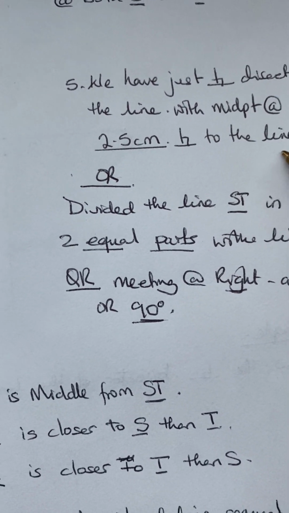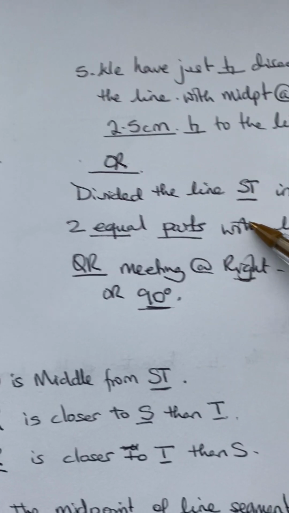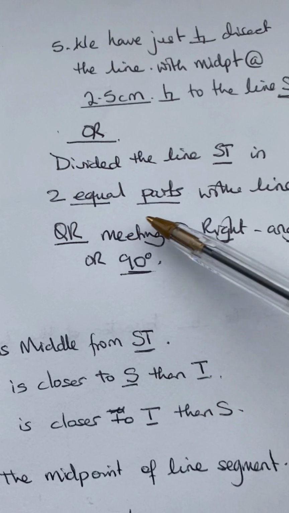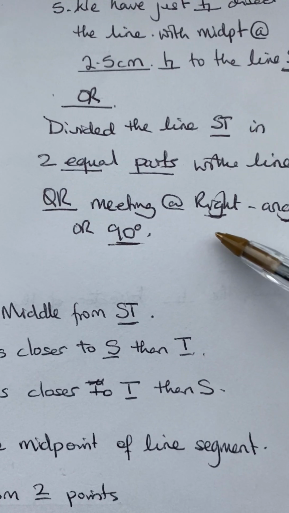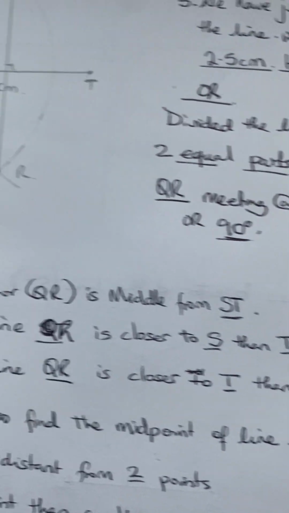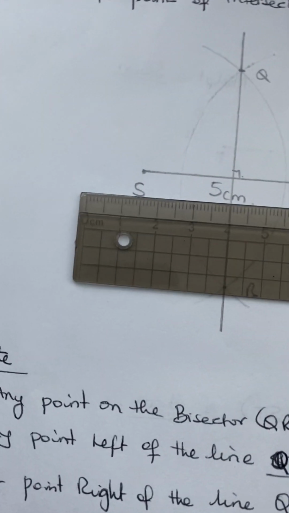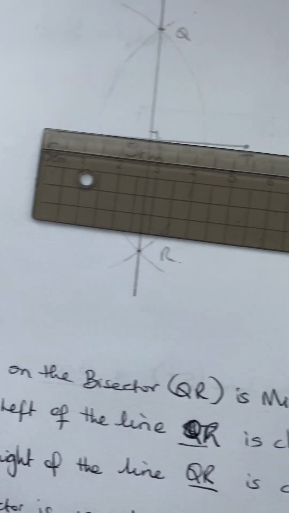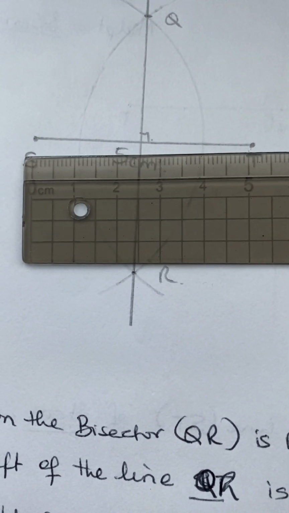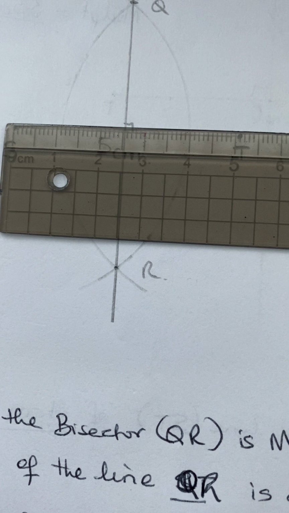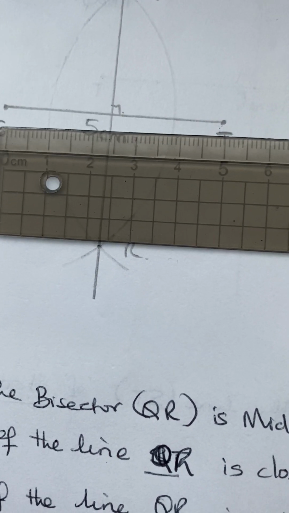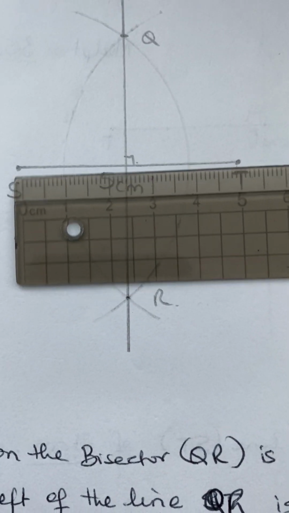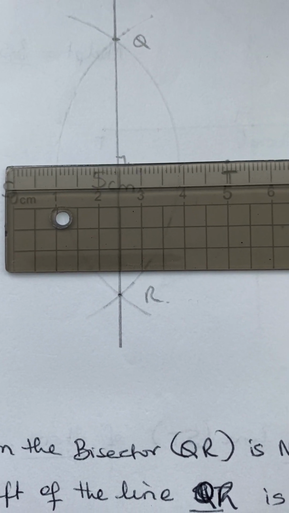The perpendicular bisector QR divided the line ST into two equal parts, meeting at right angles. So if you see that point here, let's zoom in again. That point here is 2.5 centimeters.